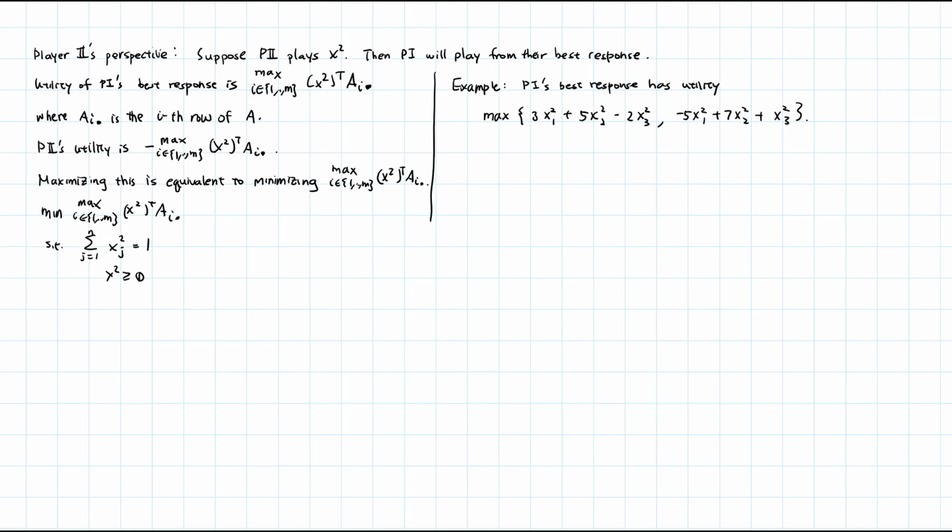And we can do the same trick, introducing a new variable u2, and this becomes minimize u2 subject to u2 being greater than or equal to each of these expressions here, and the remaining constraints. We can write this out for our example here.